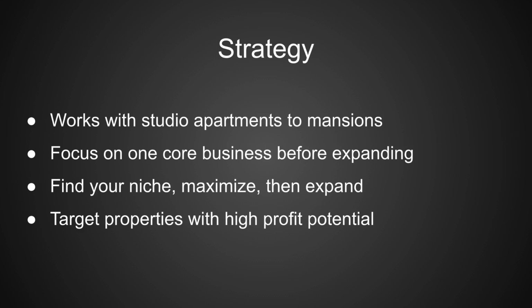This approach helps you establish a sustainable, profitable business foundation. Find your niche, maximize that niche, and then expand once you've got a stable base. For example, you might start with small apartments in urban areas, then move to larger homes in vacation destinations. The key is to master one segment before moving on to the next.